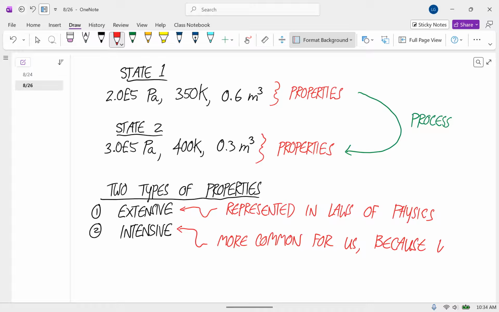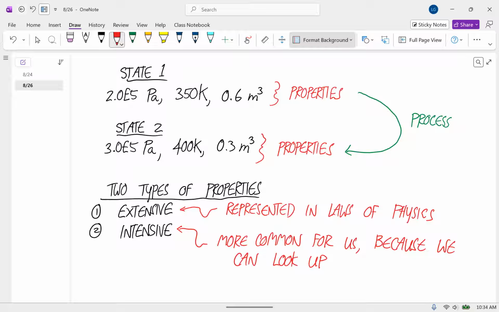And you've all taken chemistry 1. An example of these intensive properties is the ideal gas law. So if you have a gas that can be represented as an ideal gas, and say, pressure and volume, that's enough for you to figure out what the temperature is from the ideal gas law.